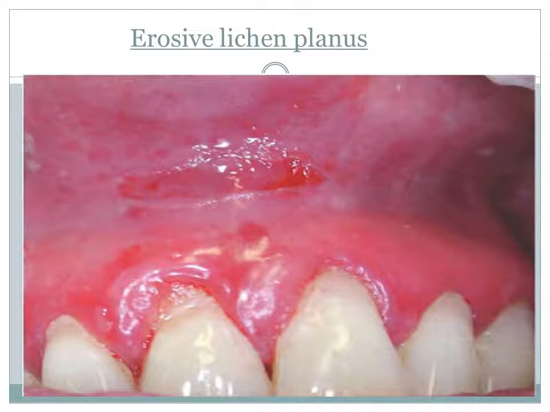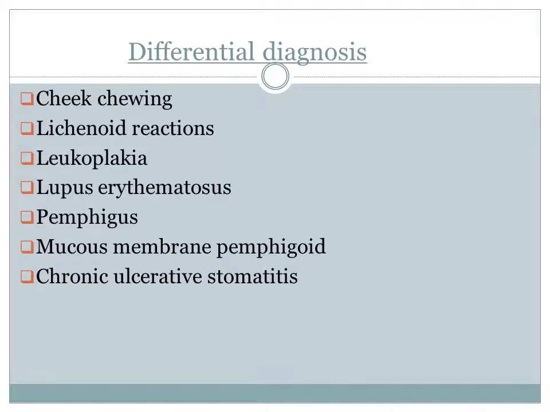The two types with an increased potential to undergo malignant transformation are the erosive and atrophic types. Differential diagnosis: cheek chewing, lichenoid reaction, leukoplakia, lupus erythematosus, pemphigus, mucous membrane pemphigoid, chronic ulcerative stomatitis.